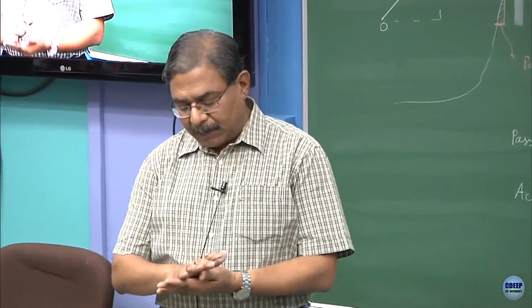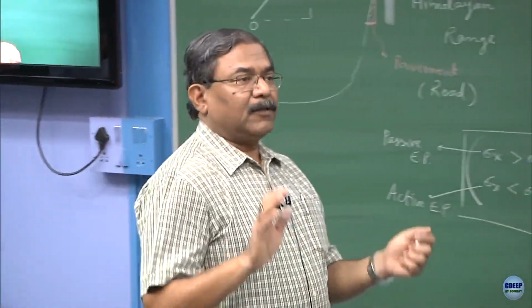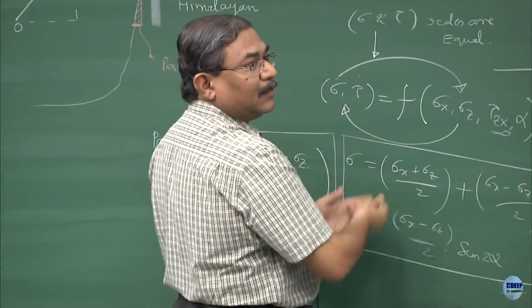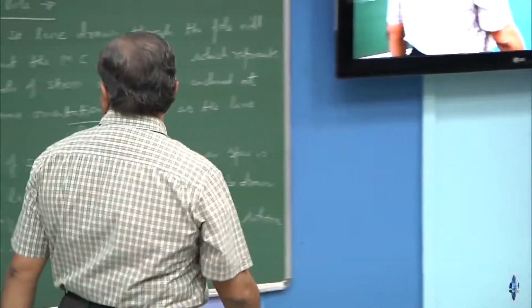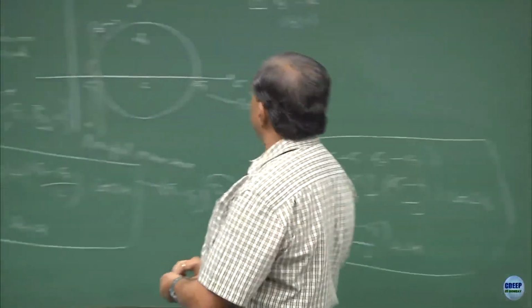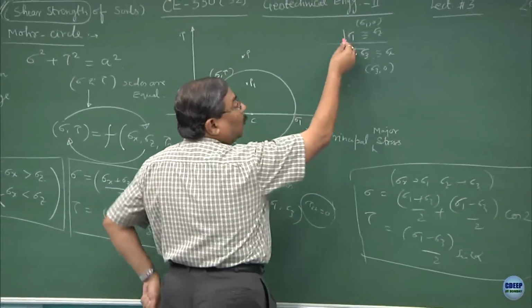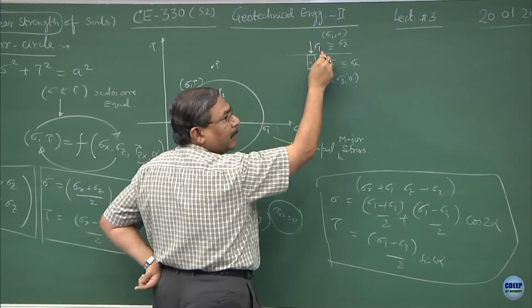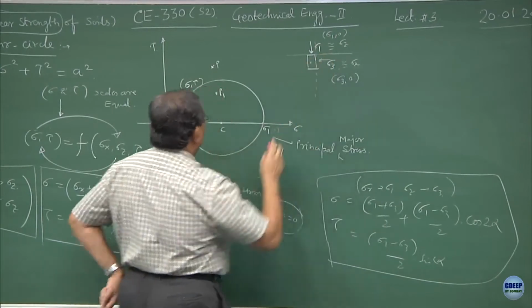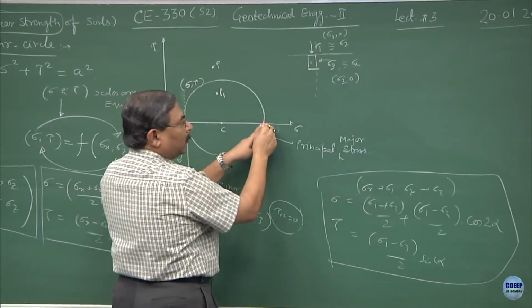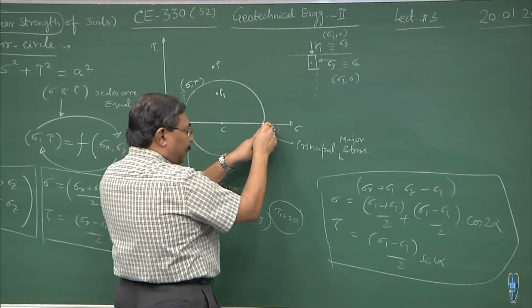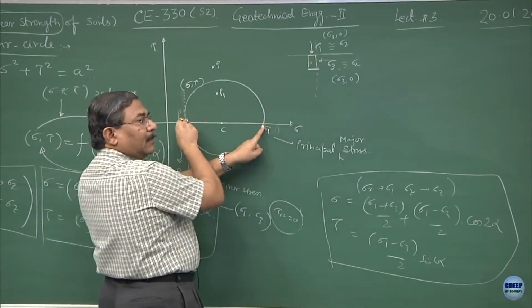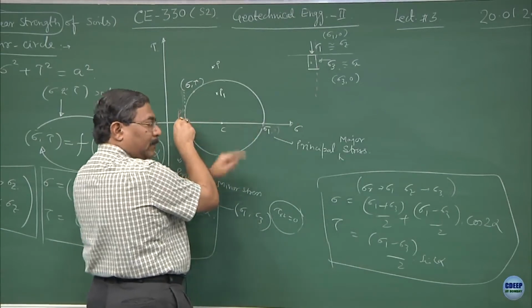And what you will observe is 80% of the course is going to be a discussion only on the state of stress. See, last time, what we did is, first we started from the known state of stress. The known state of stress is sigma 1 0 acting on a horizontal plane, clear? Where is sigma 1 0 acting? At this point. Draw a plane which is parallel to this plane, cutting the Mohr circle, that point becomes the pole, fine.